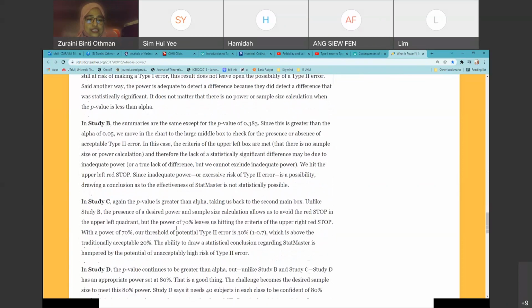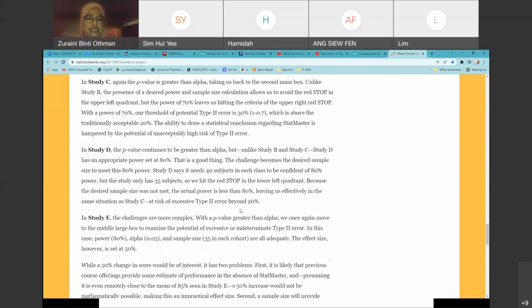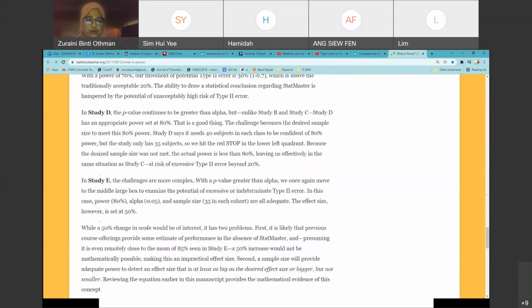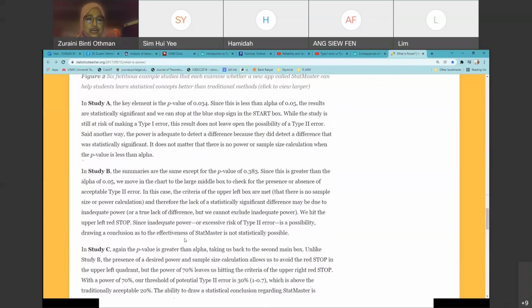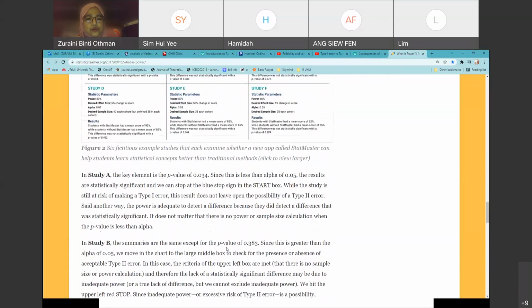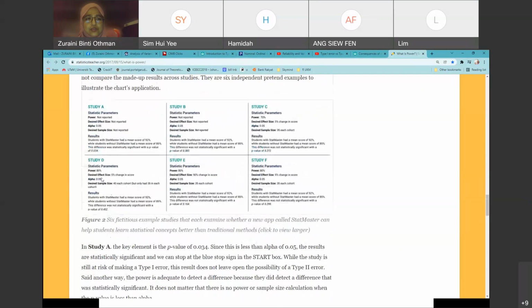The same goes for study C until study F. You may go through this after this to see how they conclude. But first, I want to know, do you know what the p-value means? P-value.